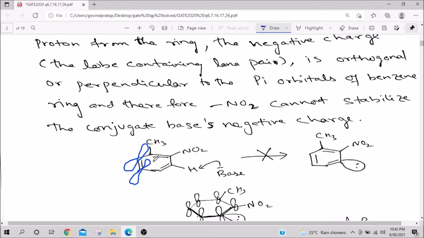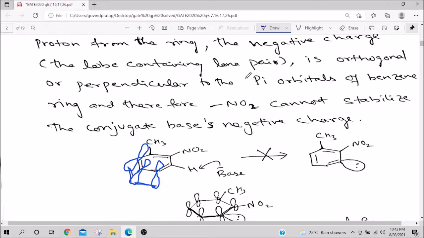One lobe goes outside, one lobe goes inside, it's the same p orbital. So they are parallel. For conjugation to happen, the orbitals have to be parallel so that they overlap. So in the benzene ring, the whole electron system is delocalized, because these p orbitals overlap.